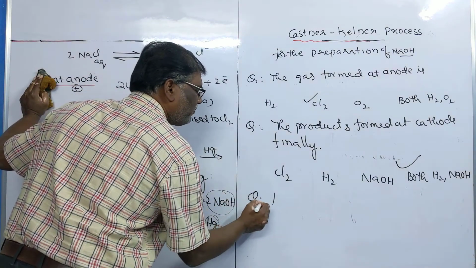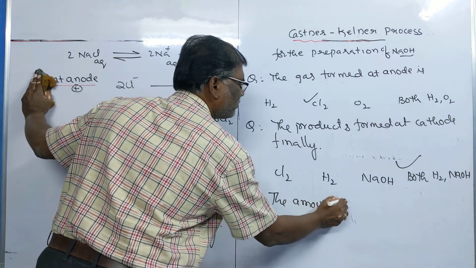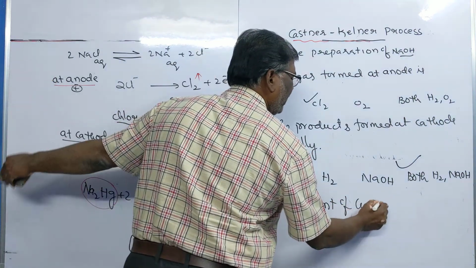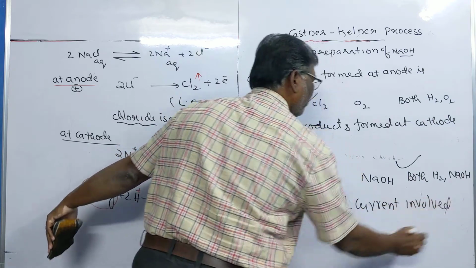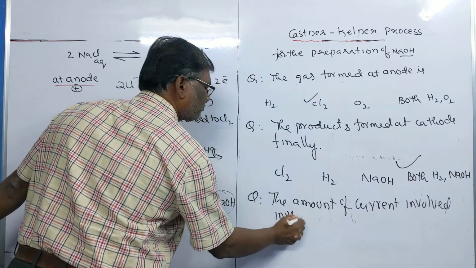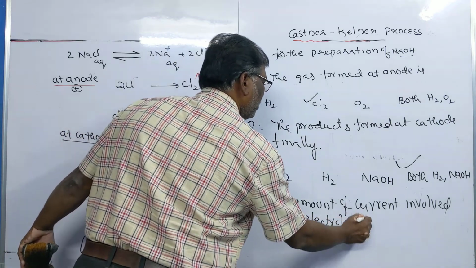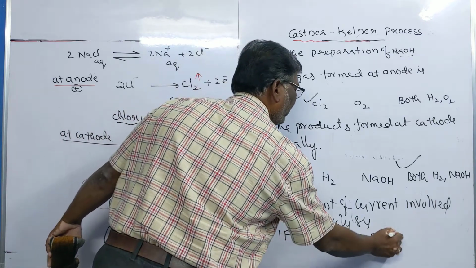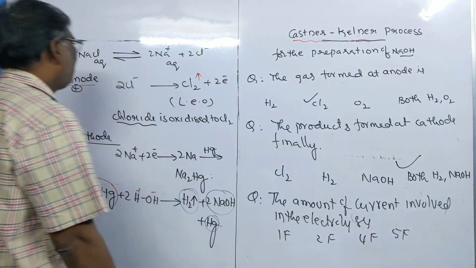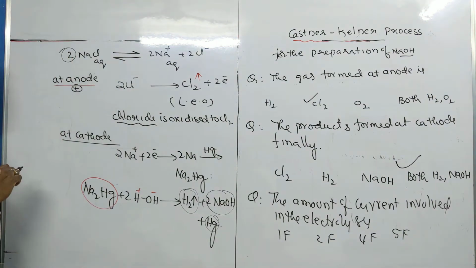Next question. The amount of current involved in the electrolysis. Options: 1 Faraday, 2 Faraday, 4 Faraday, 5 Faraday. Here we use 2 moles of brine solution.